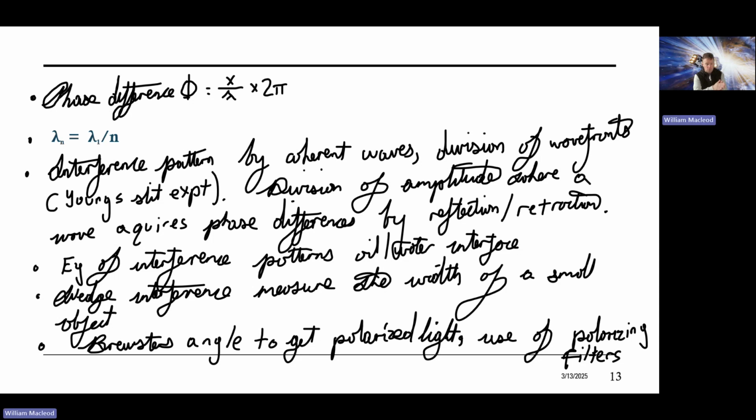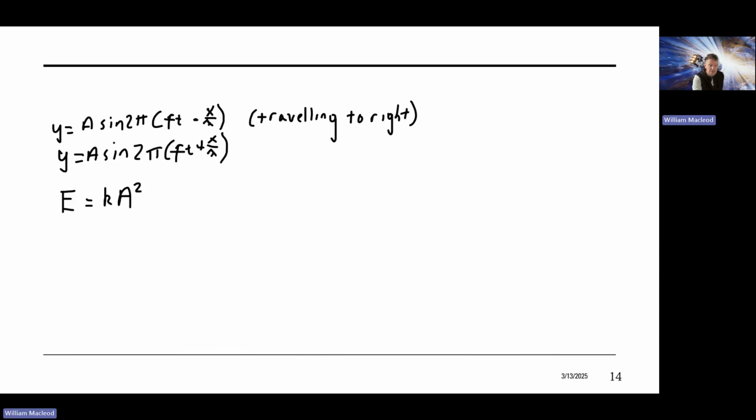We thought about polarized light and how to get it via Brewster's angle and also by using polarizing filters. And then we looked at these equations I've got there, which are used quite extensively in Advanced Higher physics and A-level physics.